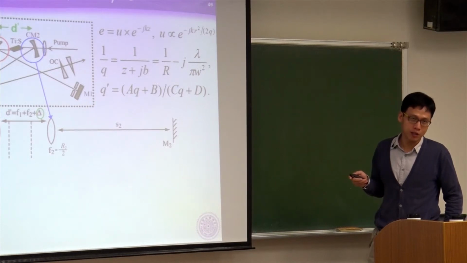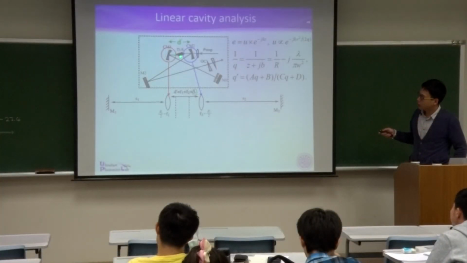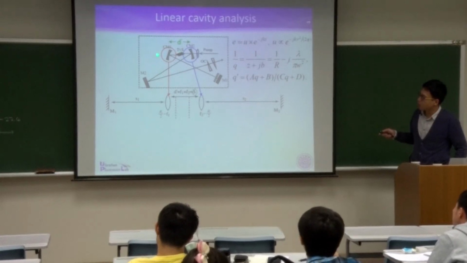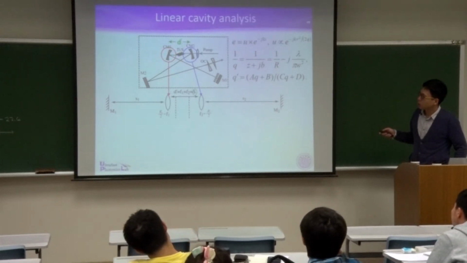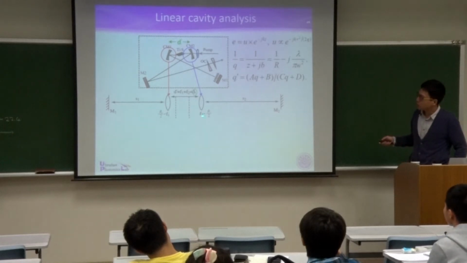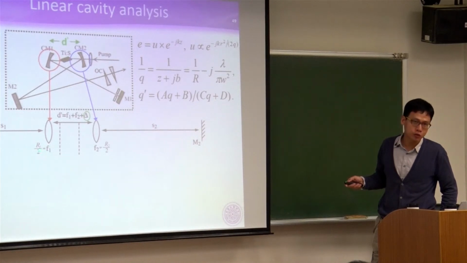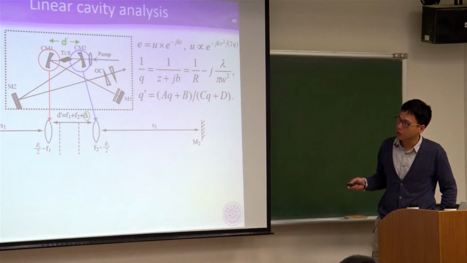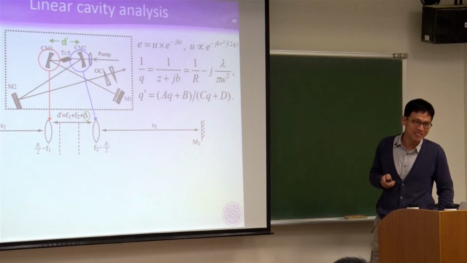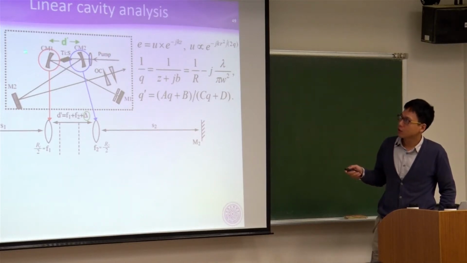Maybe in geometric optics, you have known this. A curved mirror, say CM1, can be replaced by a lens whose focal length f1 is R1 over 2, the radius of curvature of the curved mirror divided by 2. It's the equivalent focal length of this equivalent lens. Okay? So CM1 is replaced by this.